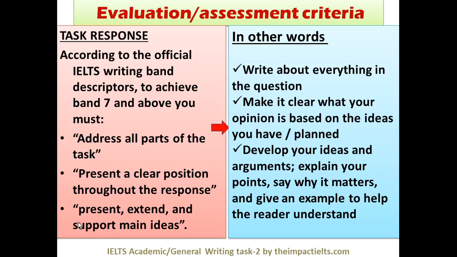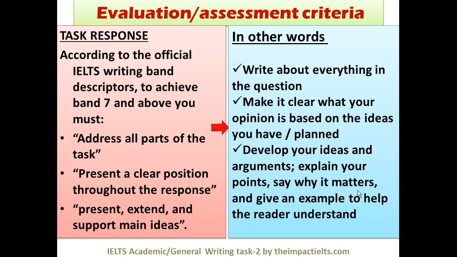Then they say present, extend, and support the main ideas. It's the same thing. That means at first you have to present the main ideas, you have to prove them logically, and if possible then you have to give some examples. So develop your ideas and arguments, explain your points. This is very important. You need to understand this. Answer everything. So these two are interlinked.